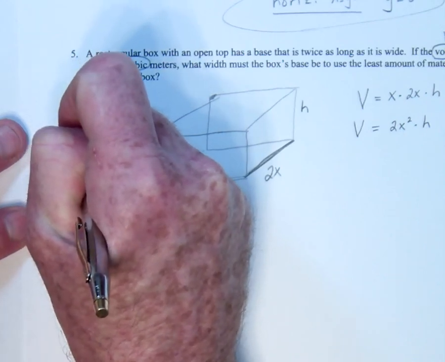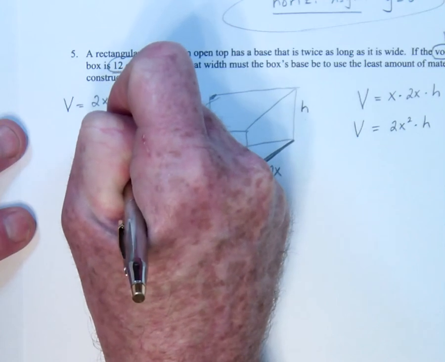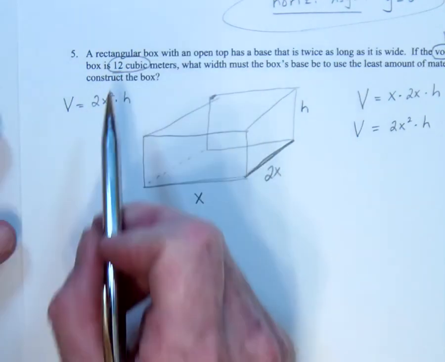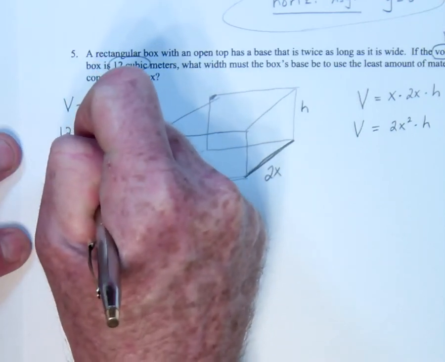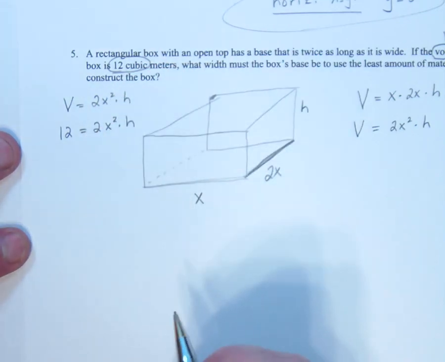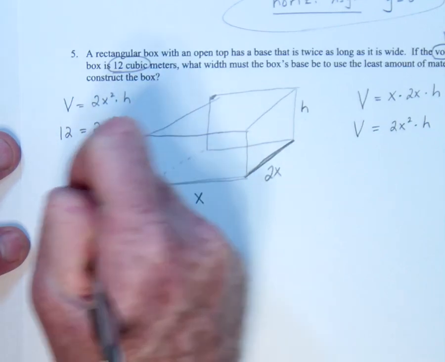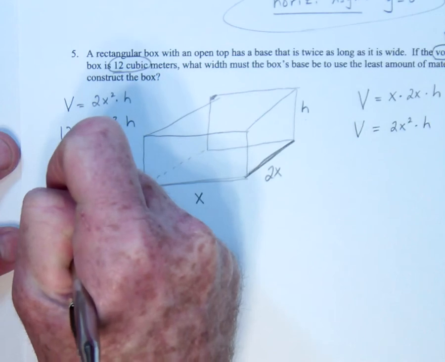Volume is equal to 2x squared times h. That's the formula I got from this picture. And in this problem, it says volume is 12. And then over here on the algebra side, we could solve for h. It's going to be 12, and then divide both sides by 2x squared.